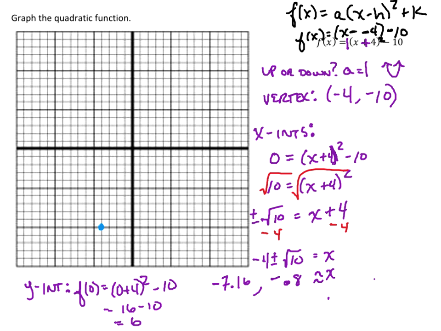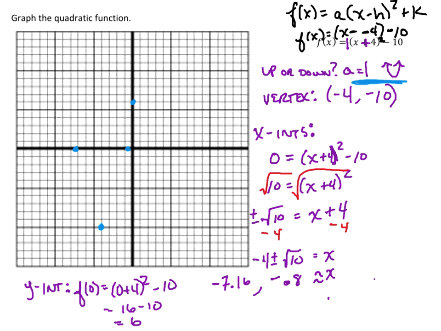So negative 5, 6, 7, and just a little bit, so maybe about right here. And then negative 0.8 is almost negative 1. And you can see I'm already starting to shape it so that it's opening up, which we found out very first thing. The last thing I have is my y-intercept, and my y-intercept is 6.